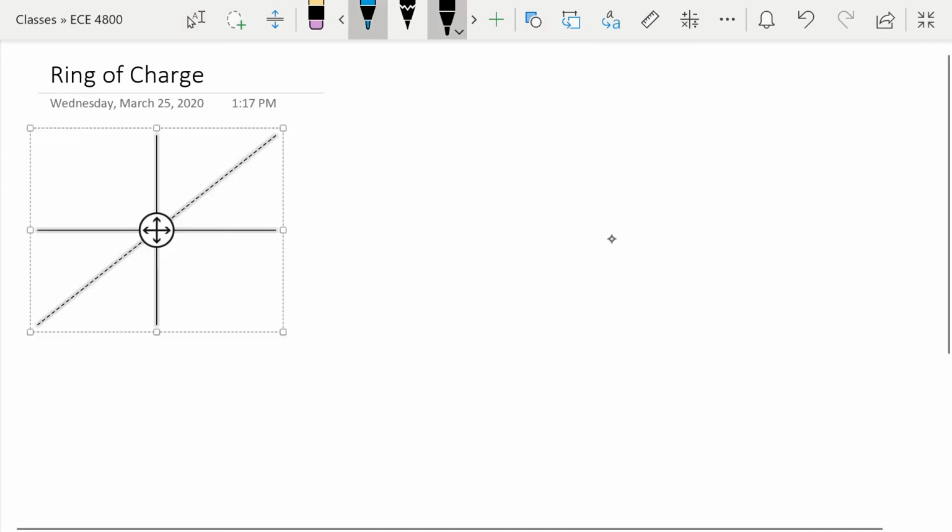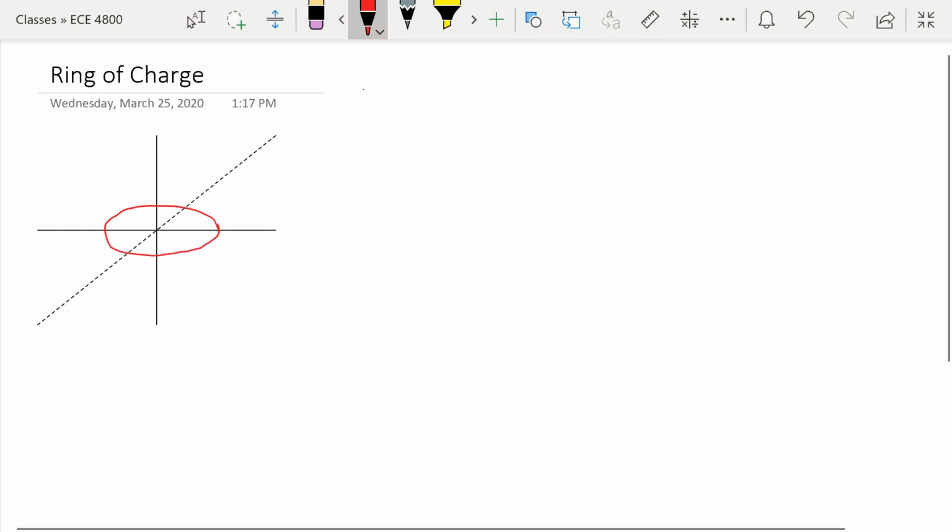All right, so we have a ring of charge. I'm going to draw it in red. You have a ring of charge here, whereas before you had a disk of charge. Now you just have a ring of charge.